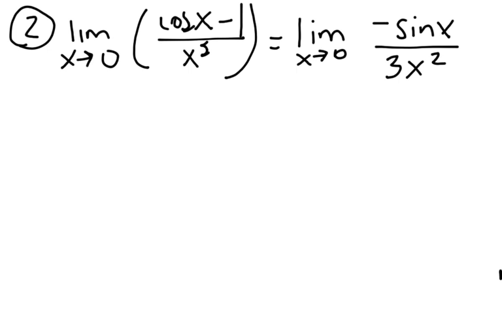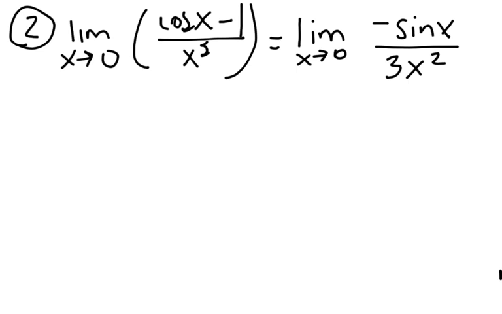So I'm going to go ahead and look at what this would give me if I plugged in zeros here. Well, negative sine of 0 on the top is equal to 0 from your unit circle, and 3 times 0 squared is also equal to 0.